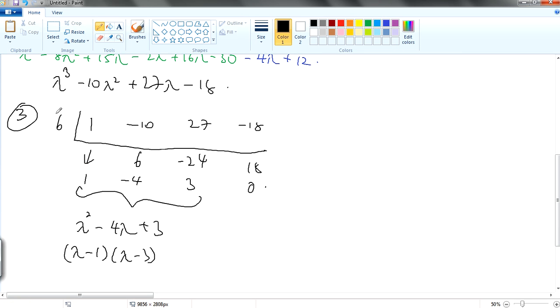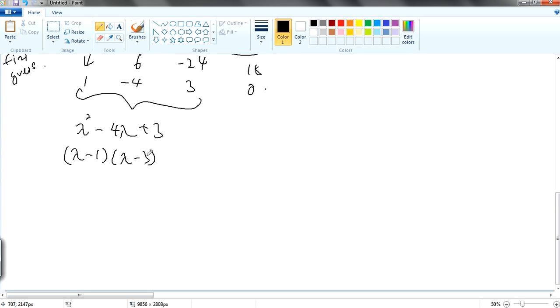And therefore, since we know that 6 is the first guess, our 3 eigenvalues are 6, and then the roots: lambda minus 1 equals 0, so lambda is 1, and then 3.